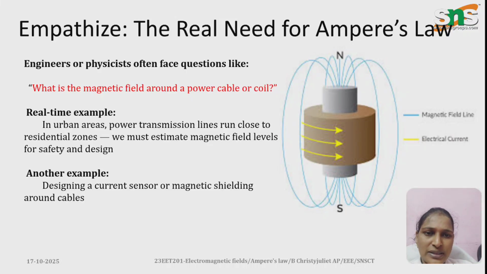For this, consider another example where we have to design a current sensor or a magnetic shielding around a cable. In order to do so, we need to have knowledge about what that magnetic field around the power cable is, how much it will be, and how it is produced.